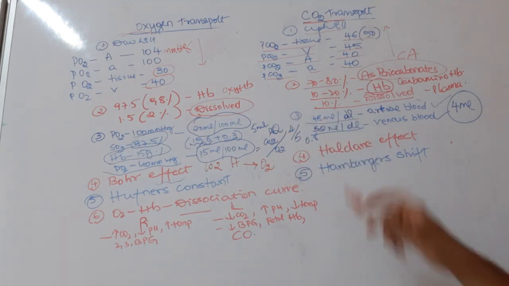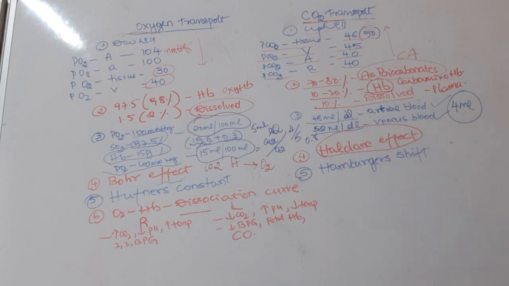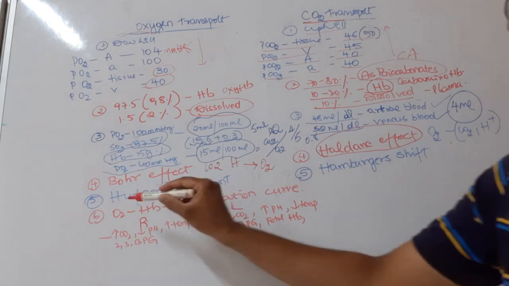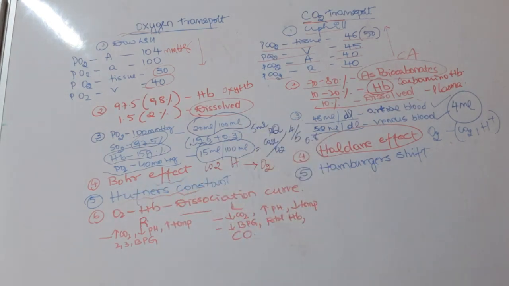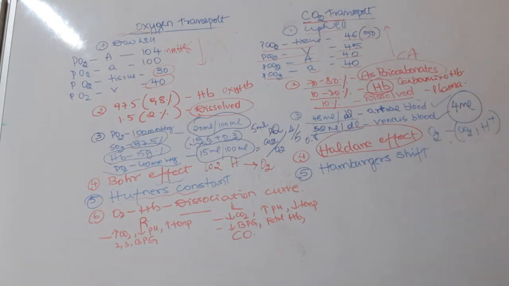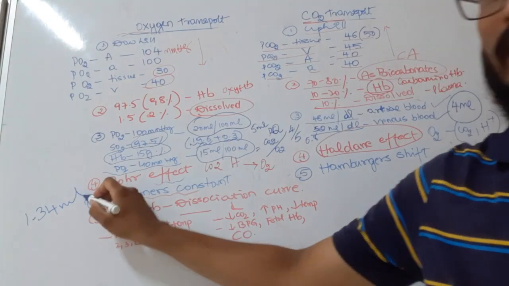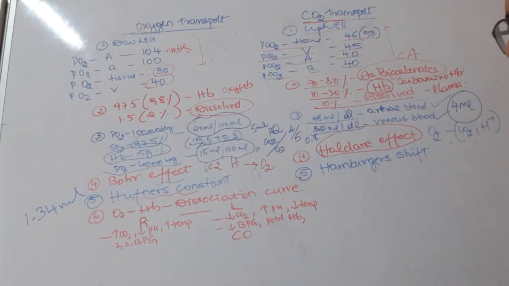Whereas we saw the Haldane effect in carbon dioxide transport, which explained the effect of oxygen on the affinity for carbon dioxide and hydrogen ion loading and unloading, seen at the lung level. We discussed Hufner's constant in oxygen transport, which explains the binding capacity of hemoglobin for oxygen: 1 gram of hemoglobin carries 1.34 ml of oxygen.